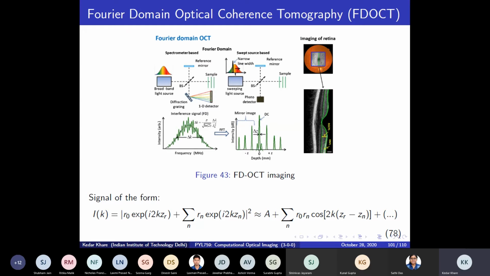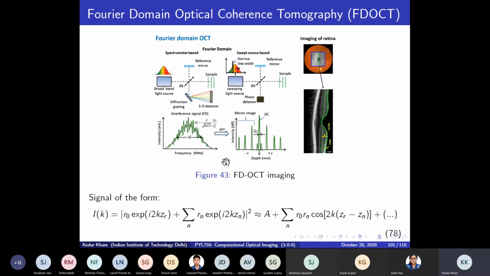These cross terms include a cosine signal, and also terms corresponding to the self energy, or cross terms of the sum itself, such as interference between the nth layer and mth layer. But generally in these problems the reflectivity is small, so these second order terms are neglected. Mainly the signal is a sum of cosines.